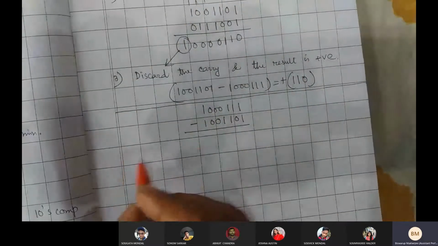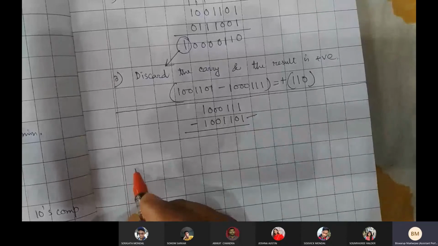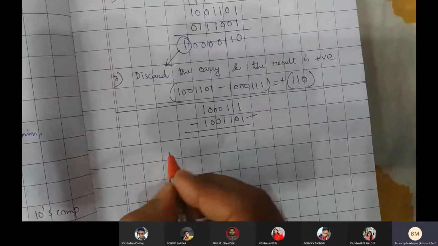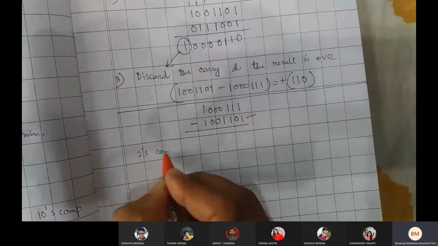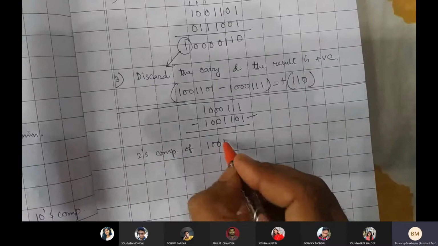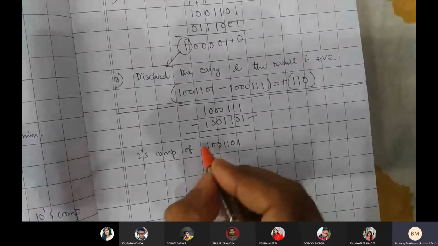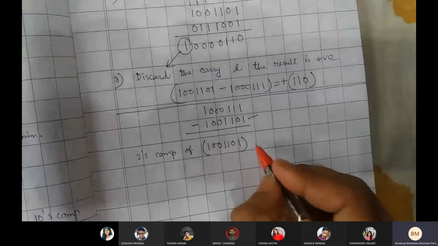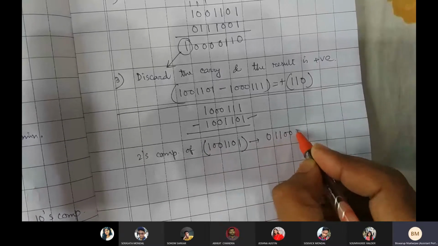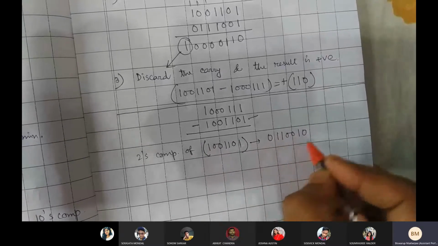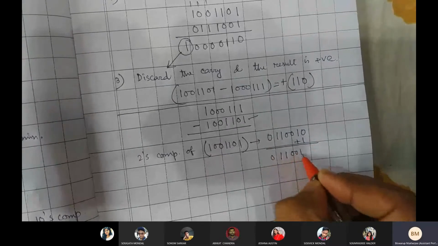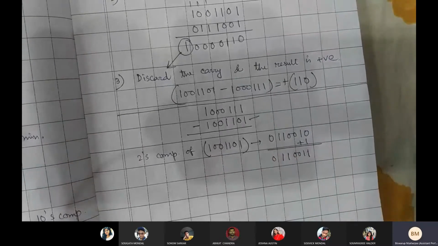Again, the same thing. Take the twos complement of this subtrahend, 1001101. That is equal to 0110010 plus 1, so that is 0110011. This is the twos complement.